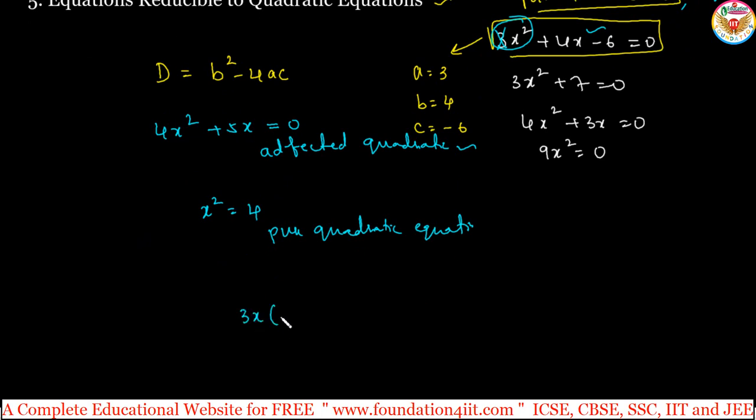A question like this: 3x(2x minus 5) plus 6 is equal to 2x(3x plus 5) minus 6. Is this a quadratic equation or not? So we have to say whether this is a quadratic equation or not. That means you have to simplify this finally. If you get highest power 2, it's a quadratic equation, or else not.